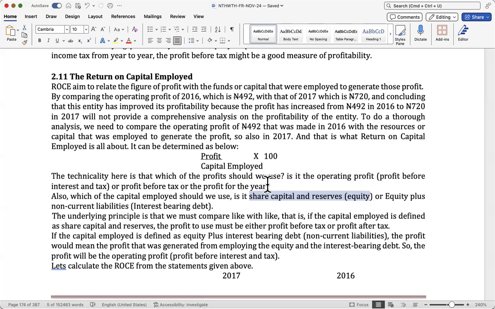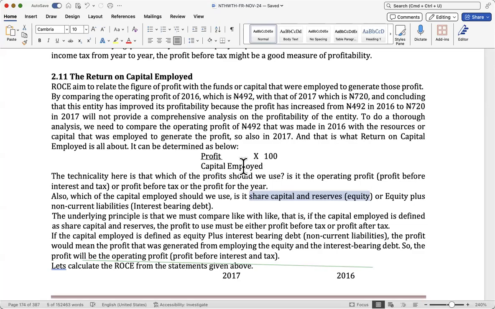So when I'm teaching you capital employed, I always focus on the equity and liability side to determine capital employed. It's always easier that way. So your capital employed could be just your share capital and your reserves, which is your equity. Or it could be your equity plus your debt, usually your non-current liabilities.